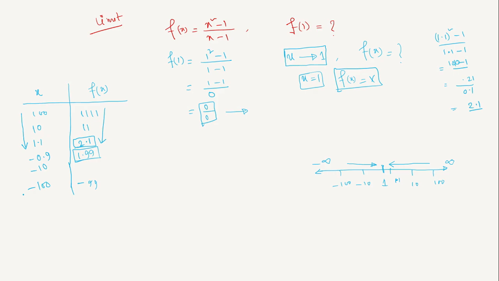And similarly from the left side, if we approach 1, then the value of f of x similarly approaches 2. So from here we can conclude that for this function f of x equals x squared minus 1 by x minus 1, if x approaches 1, then f of x approaches 2.